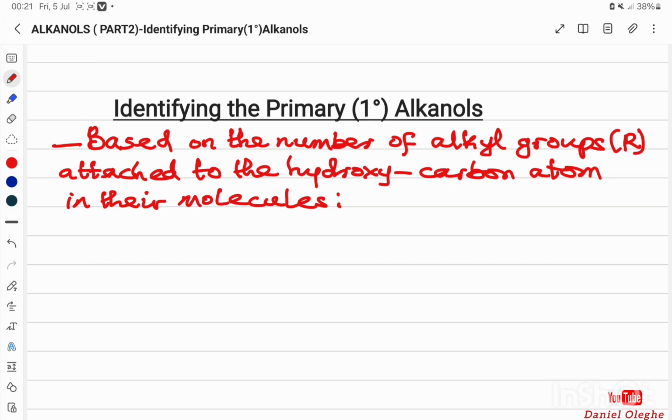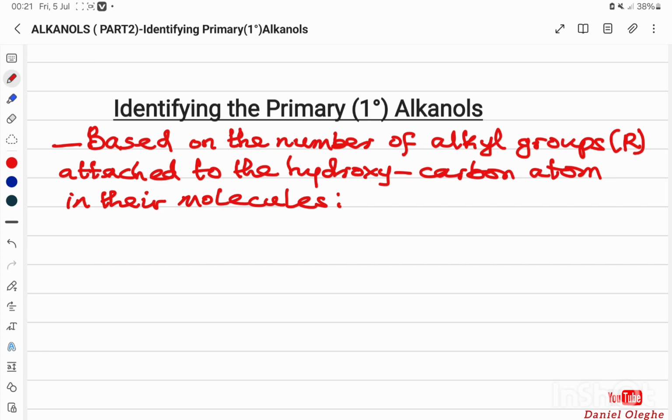When we are talking about hydroxy-carbon in a carbon chain of a molecule of alkanol, we are referring to the carbon atom in that chain that the hydroxy group is attached to. The carbon atom in the carbon chain that the hydroxy group is bonded to. That's what we mean by hydroxy-carbon.